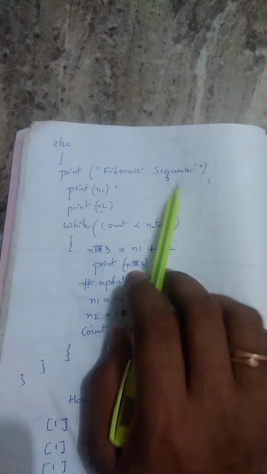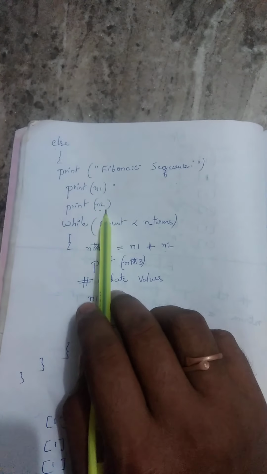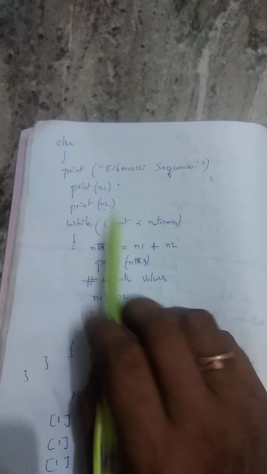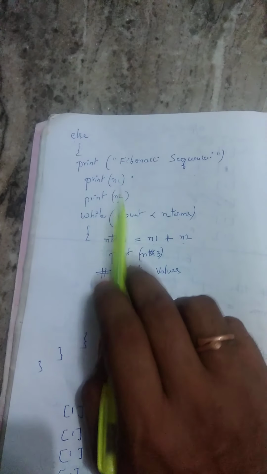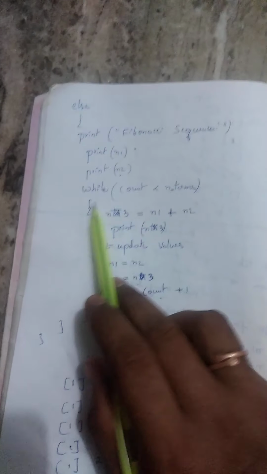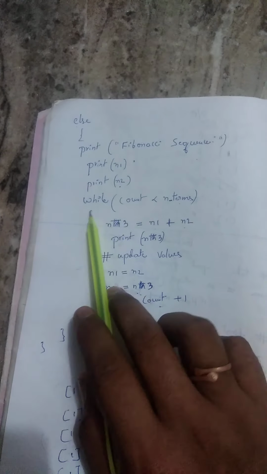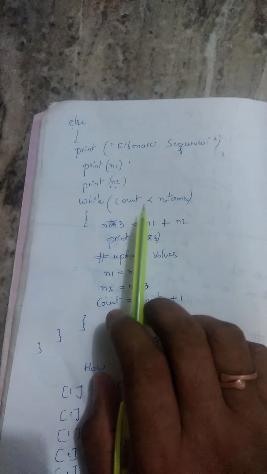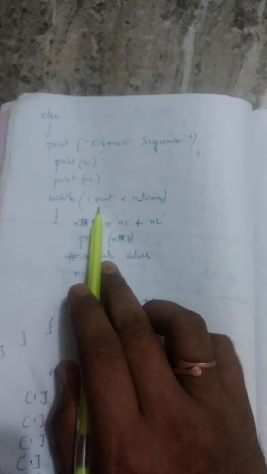Here we are printing 0 and 1. In n1 how much is there? 0. In n2 how much is there? 1. Then we go to the while condition: in count how much is there? 2. 2 is less than 7.